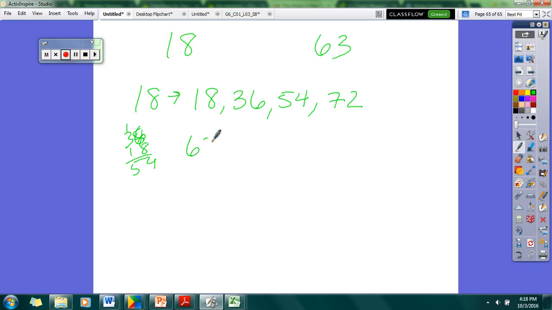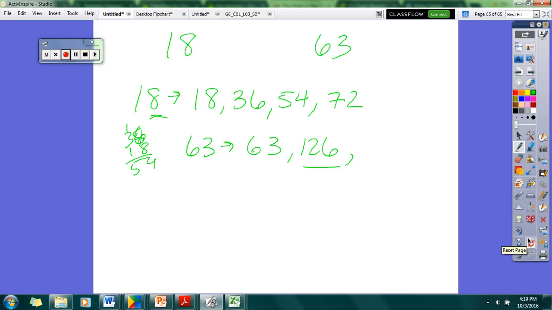Then I have 63. It's going to be 63, 126. I already see that my numbers are kind of large here, so I'm going to have to go much larger with my 18. So maybe sometimes a list is not always going to be the best strategy. So I'm going to teach you another strategy that could help you figure out the LCM of 18 and 63.